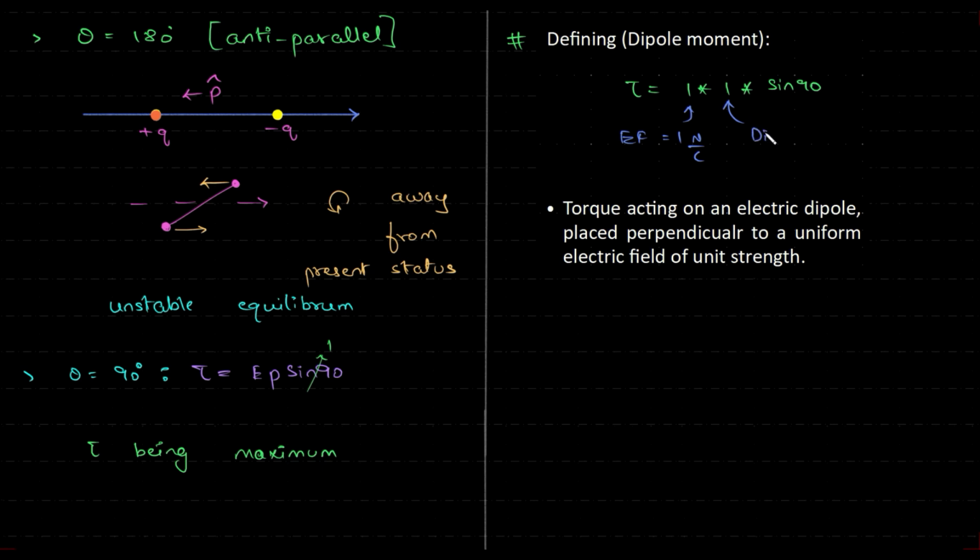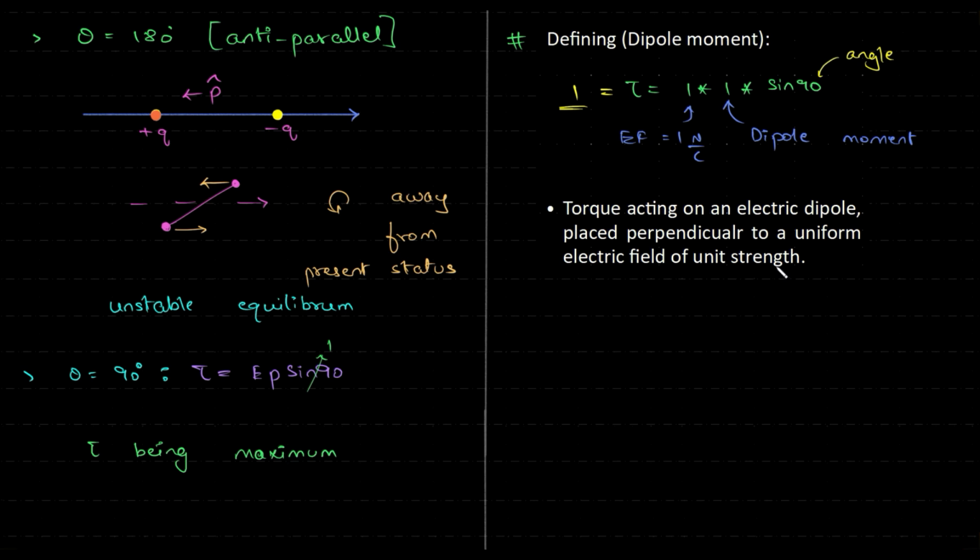So the torque will be equal to 1, is it not? If the torque is 1 in the presence of an electrical field of 1 Newton per coulomb everywhere, and the orientation of the dipole is 90 degrees, we end up with this torque. Then the dipole moment is said to be 1. Torque acting on an electrical dipole placed perpendicular to a uniform electrical field of unit strength.